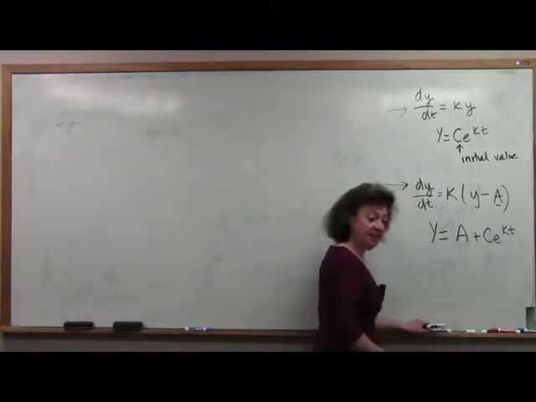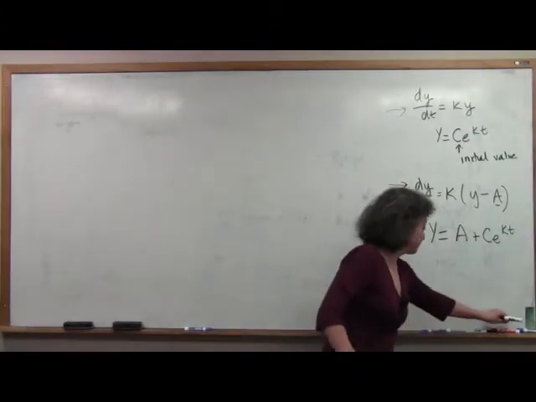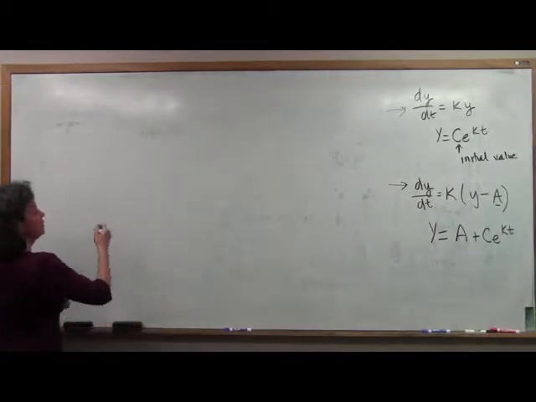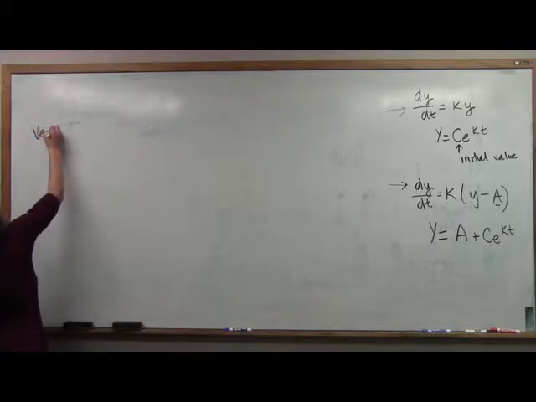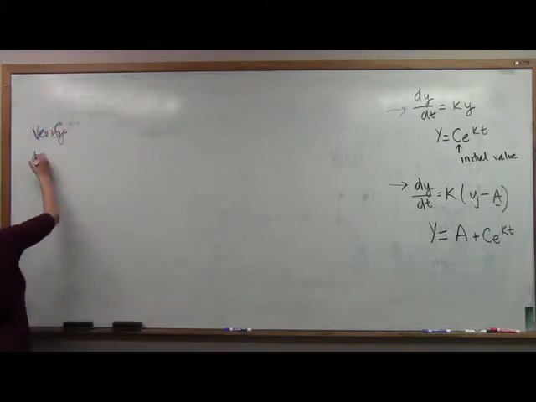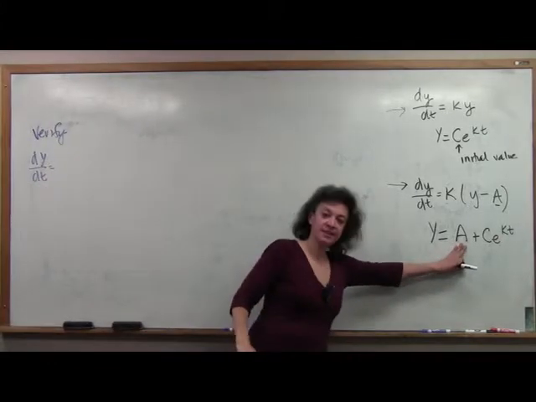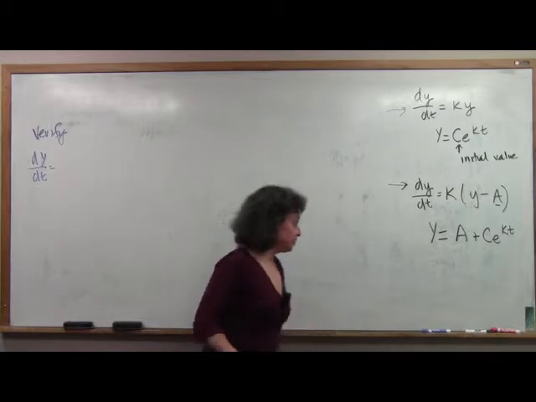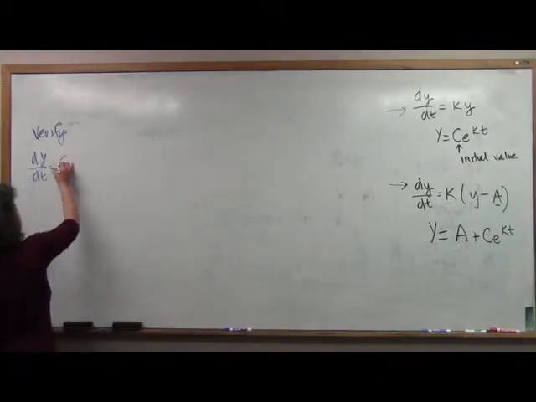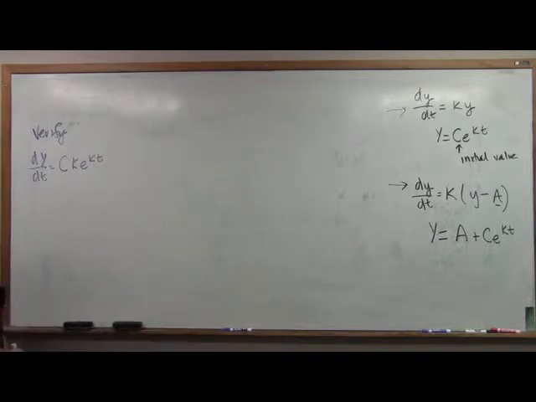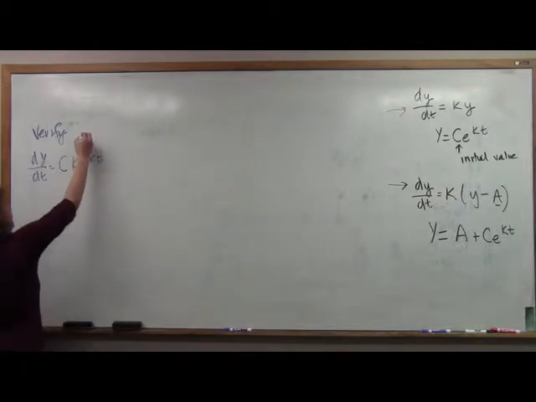So this is just a side note, but I think it's an important thing for me to point out. Just to verify, we can take dy/dt. If that's our function y, the derivative of any constant is 0. And we've taken the derivative of that before, Ck e to the kt. So that's the left-hand side of my differential equation.